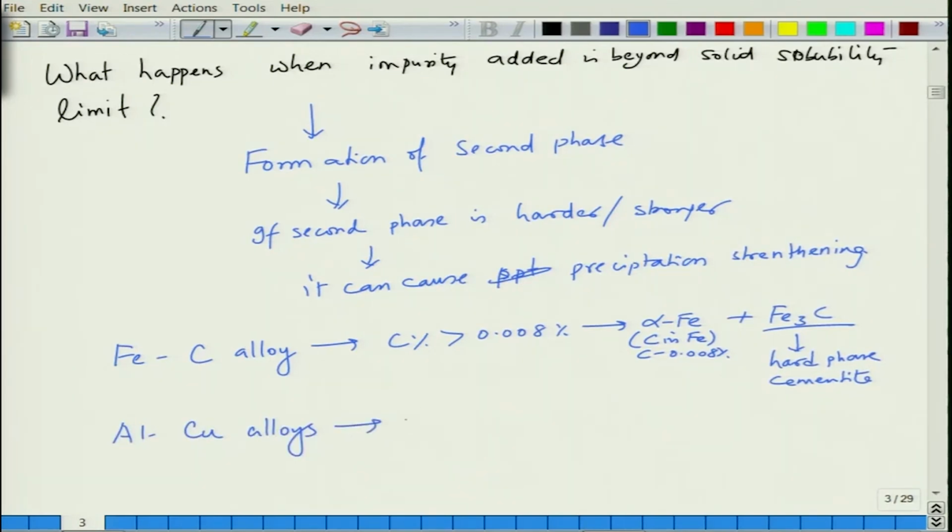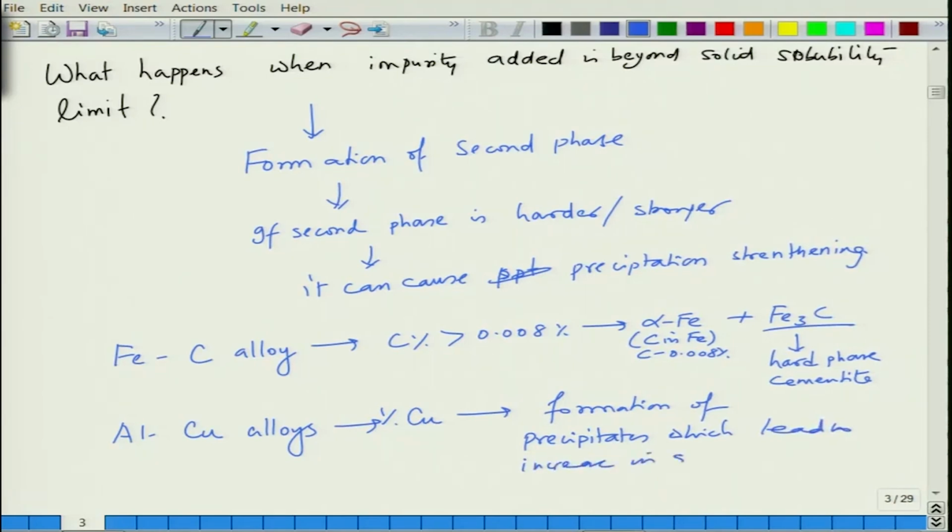One of the famous examples is aluminum copper alloys. In this alloy, if you add more copper, let us say when we have 4% copper, it leads to formation of precipitates which lead to an increase in strength.